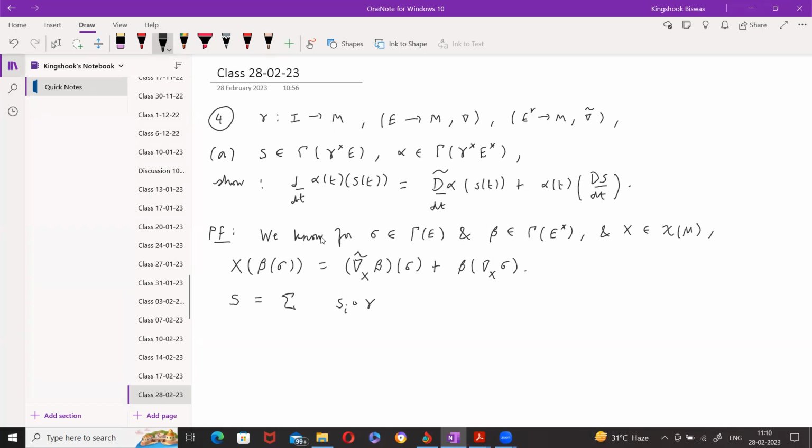So the S_i are a local basis of E. Locally you can write S as the summation of a_i of t, S_i of gamma t. Okay, this is S of t, locally, where S_i is a local basis of E.